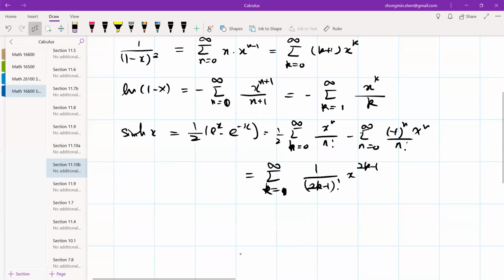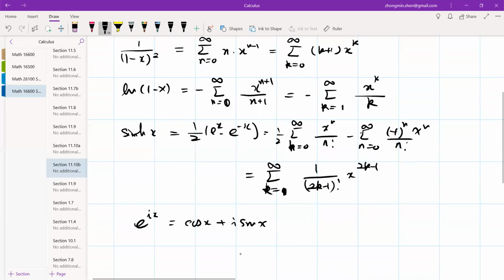One is we can use the very special formula e to the ix, which is cosine x plus i sine x.